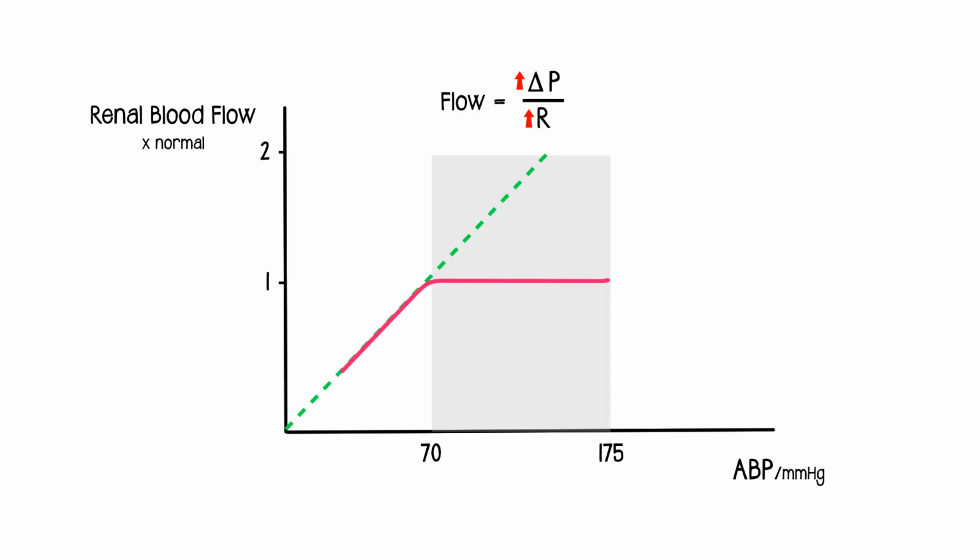Now, at very low blood pressures, the flow rate does begin to decline, and that's going to be a real problem for us. At very high blood pressures, the flow rate will increase. But under normal circumstances, we can go about our day-to-day lives, we can lie down, we can stand up, we can do exercise. Blood pressure can fluctuate for all of those reasons, but the flow through the kidney is maintained remarkably constant. And this is a form of auto-regulation mediated by the myogenic mechanism.